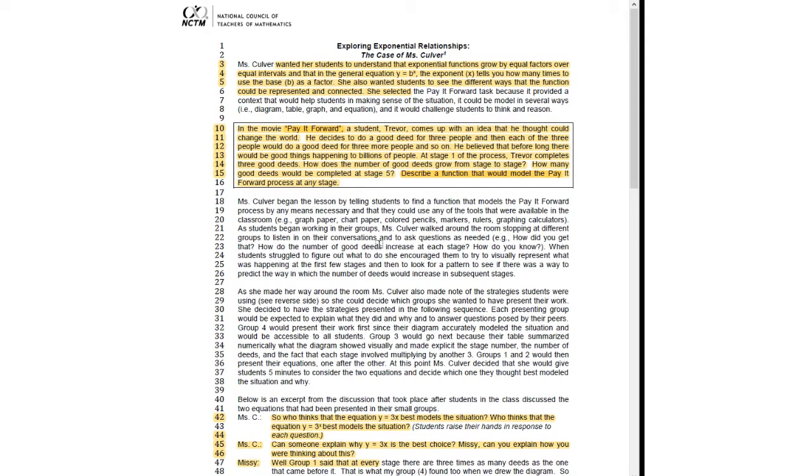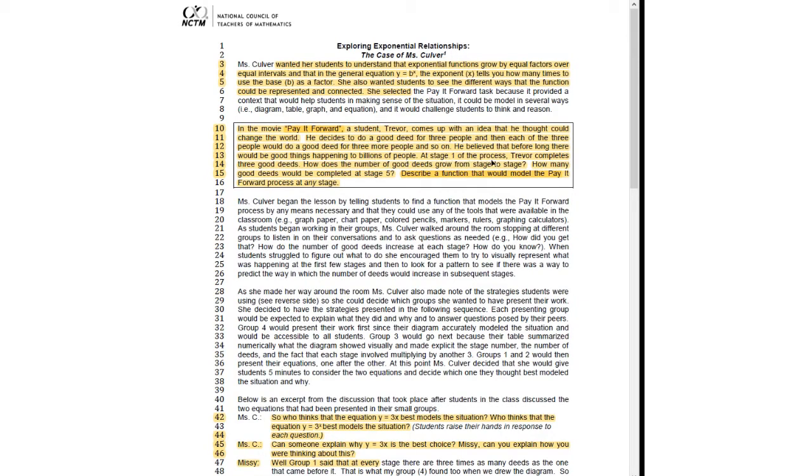This task says, in the movie Pay It Forward, a student, Trevor, comes up with an idea that he thought could change the world. He decides to do a good deed for 3 people, and then each of the 3 people would do a good deed for 3 more people, and so on. He believed that before long there would be good deeds happening to billions of people.